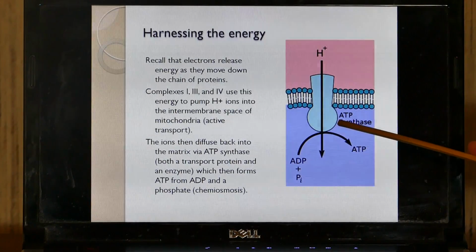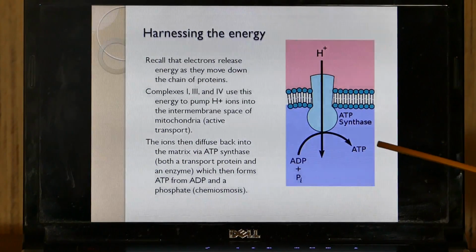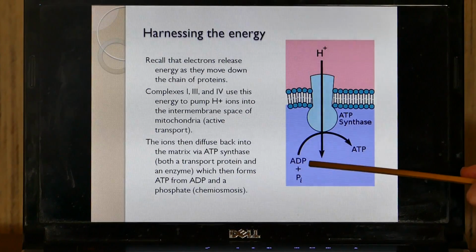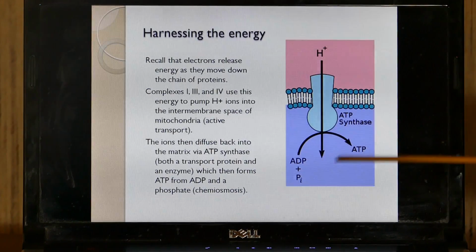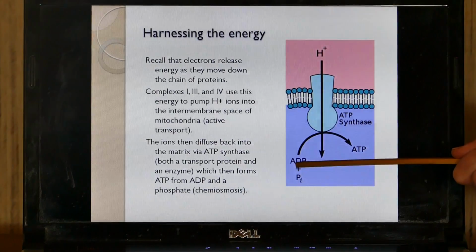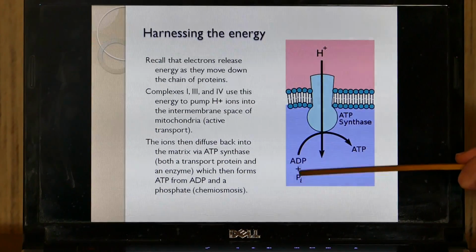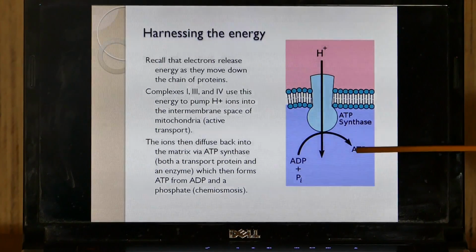This transport protein is called ATP synthase. And not only is it a transport protein, but it's also an enzyme. An enzyme catalyzes chemical reactions. In this case, it takes ADP, adenosine diphosphate, and a phosphate molecule and puts them together to form ATP. And that's how the ATP is created during OP.